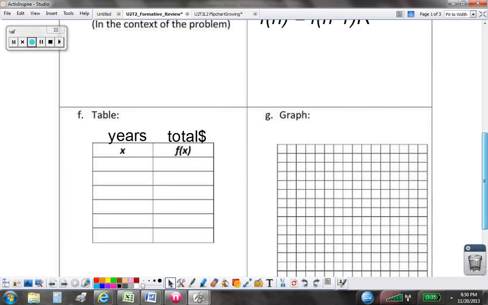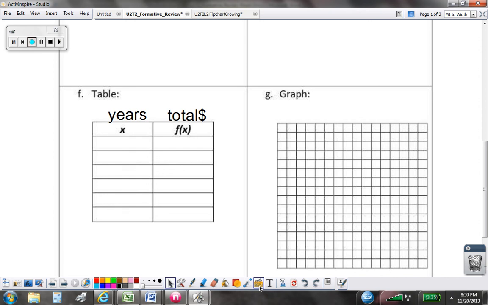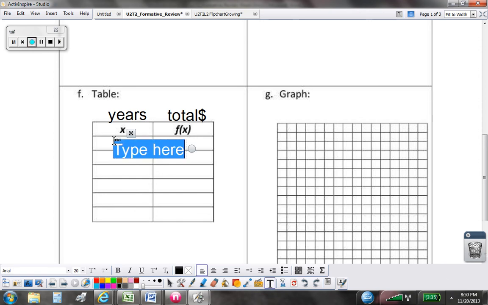So I'm gonna put in what I can fit in here. Let me see if I can shrink this down. Alright, so 0, 1, 2, 3, 4, 5.